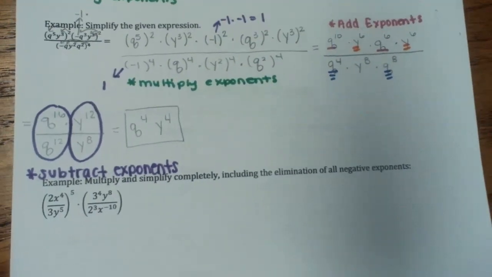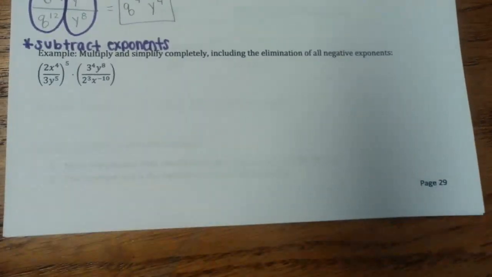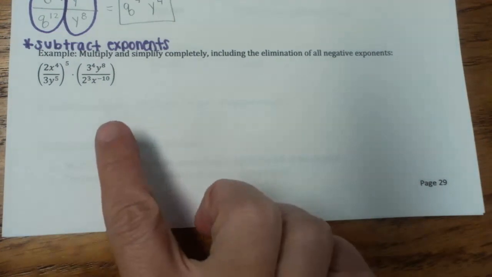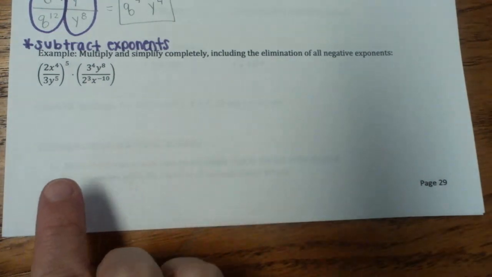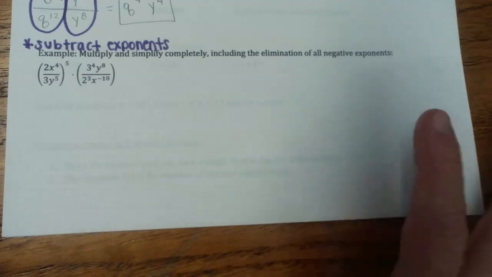All right, let's do our last one for this page. It says multiply and simplify completely, including the elimination of all negative exponents. So we have 2x to the 4th all over 3y to the 5th, all to the 5th power, times 3 to the 4th y to the 8th, all over 2 cubed x to the negative 10th.